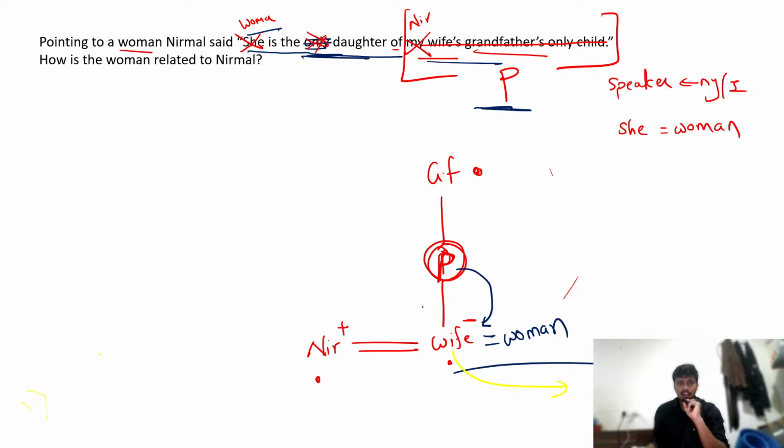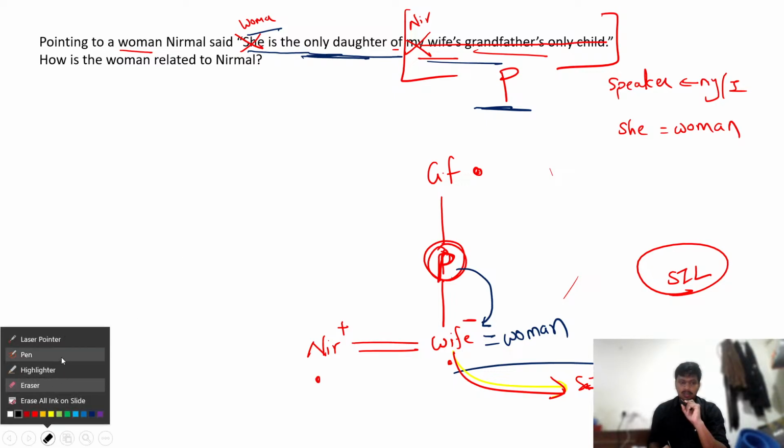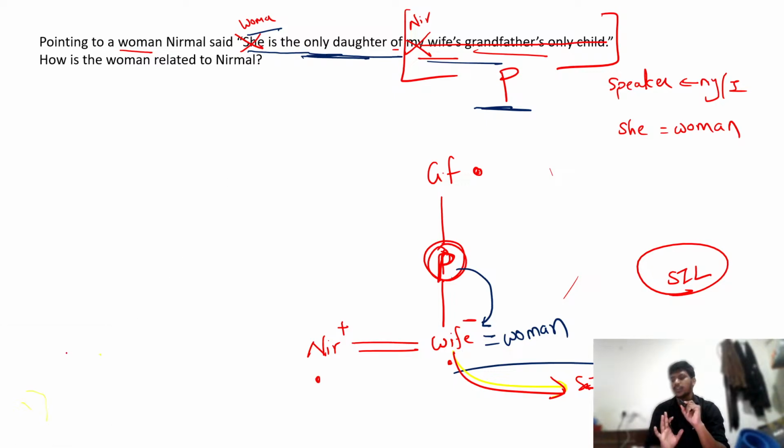Then the answer can be sister-in-law also. But in our case, we are having only. Only means there is only one female. So as the word only is there in our problem, the answer is wife. But if the word only is not there, the answer can be sister-in-law or wife.